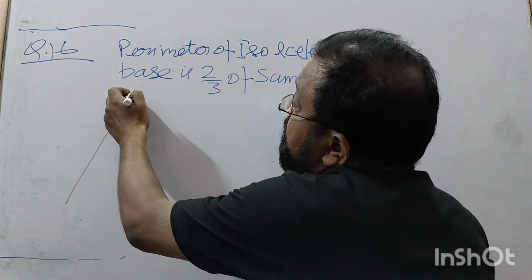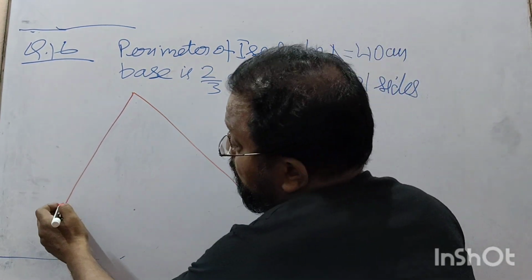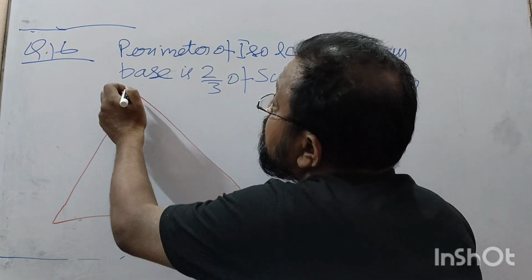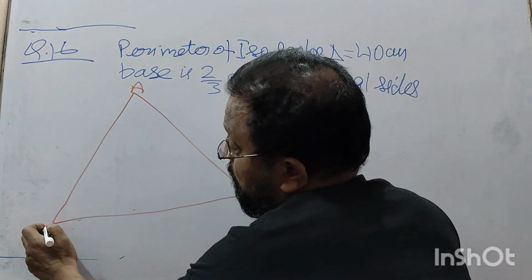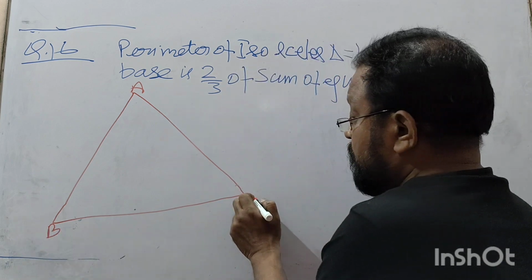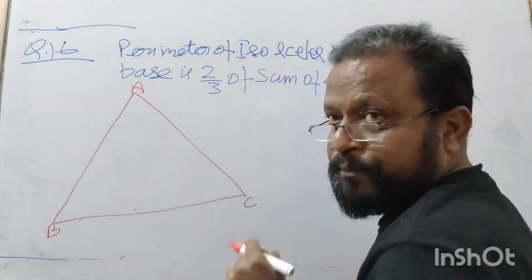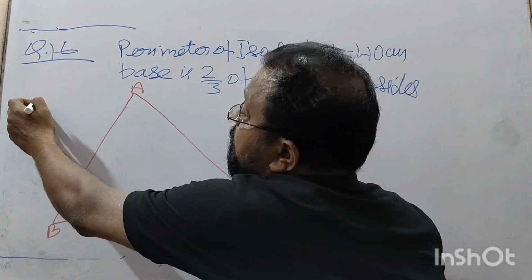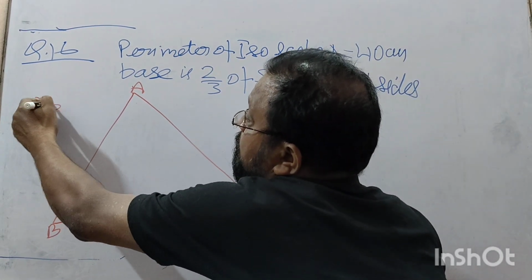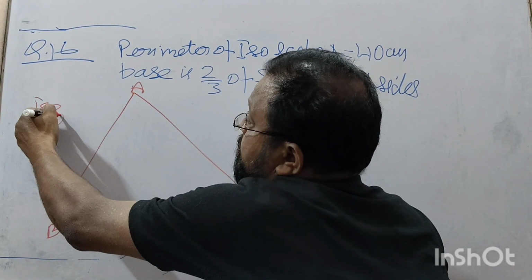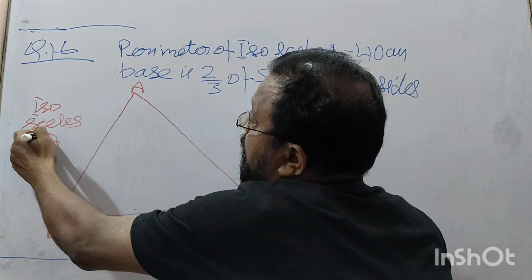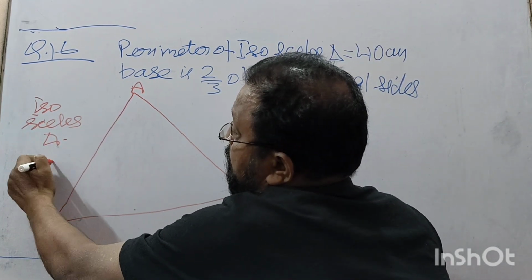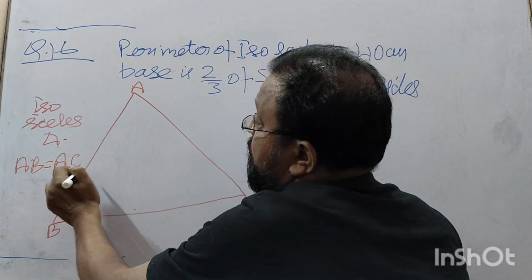This is an isosceles triangle ABC, where AB is equal to AC.